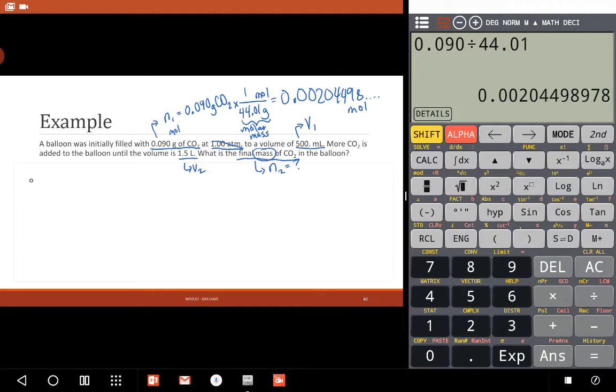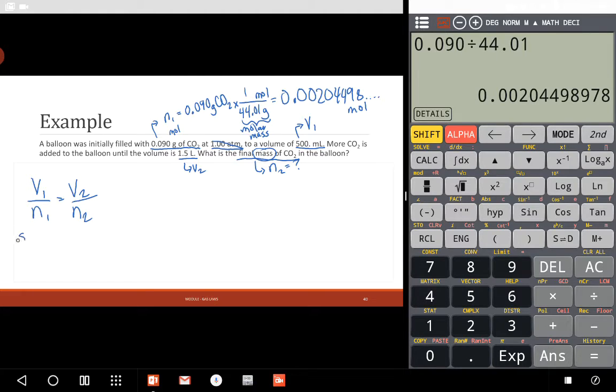And so if I set up my relationship here, when they're across from one another like that, that means they're directly proportional.